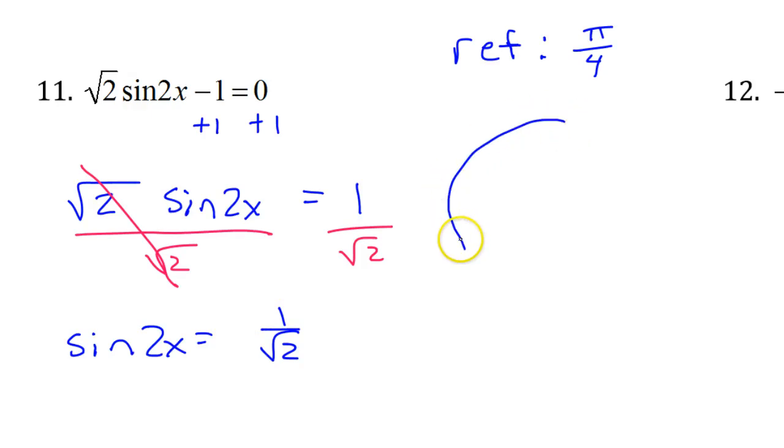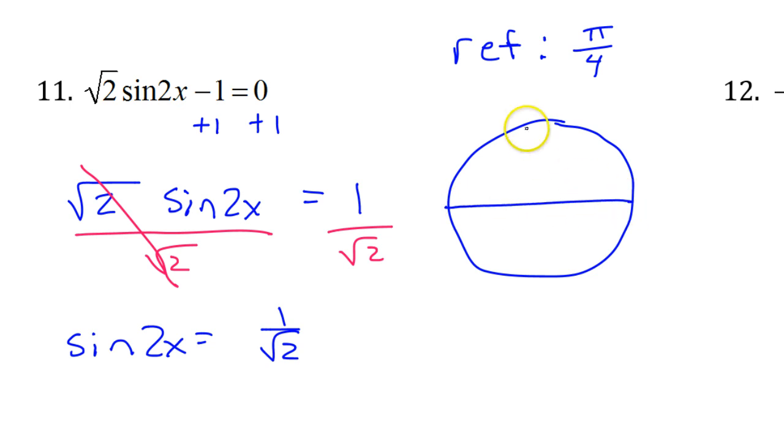Now I like to draw myself a little diagram to help me visualize what's happening. So there's pi over 2, and here comes pi over 4. There are 4 angles that have a reference angle of pi over 4, above and below the x-axis. All 4 of these angles have a sine of some kind of 1 over radical 2.